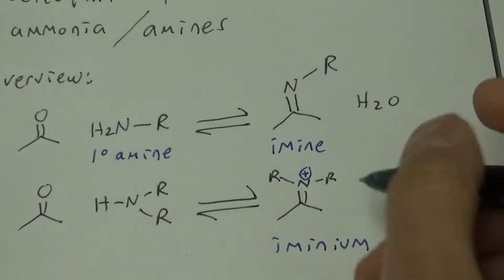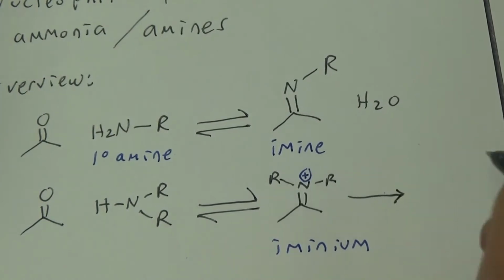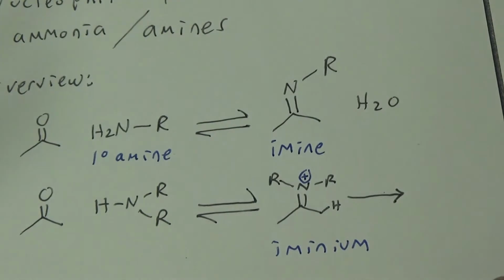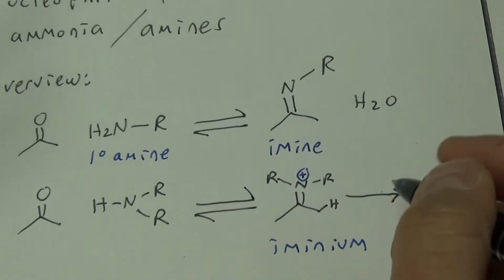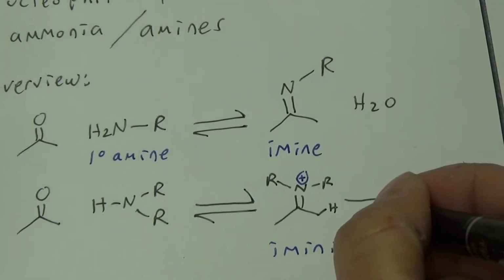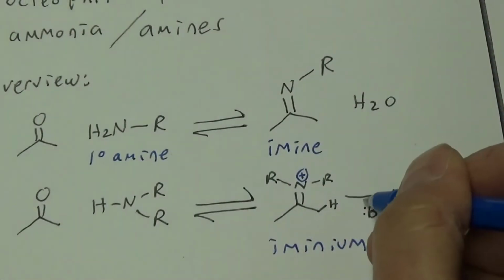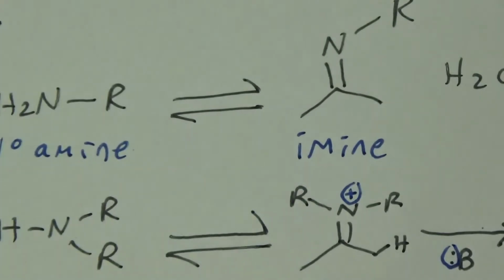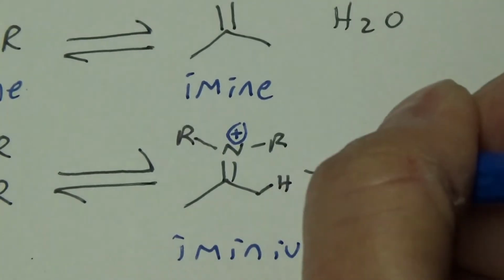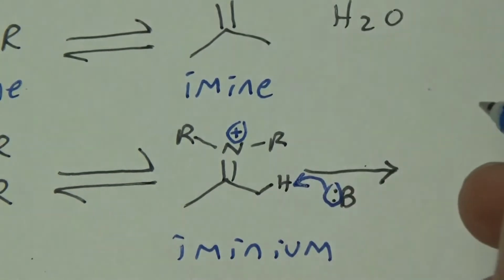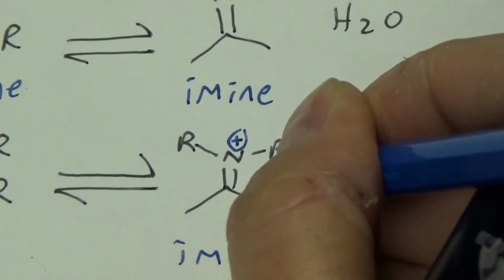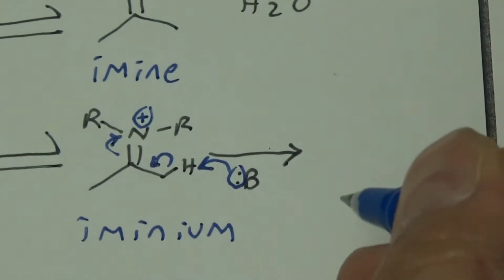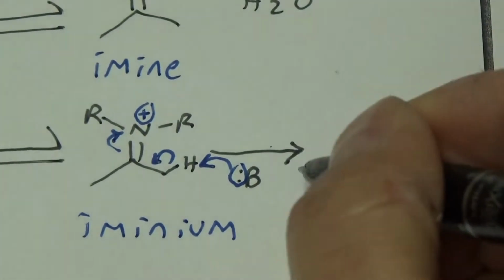And it's not done. Now there's an irreversible step where base, which is probably more the amine, because amines are basic, rips off this proton and kicks the electrons to make a double bond, and then up onto the nitrogen to make a final product, which is a little different.